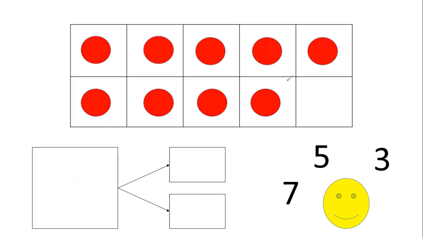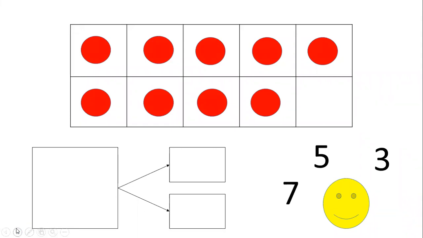All right, let's try one more. This time I'm going to pick, let's see, how about 9 chickens? 9 chickens were pecking in the grass.